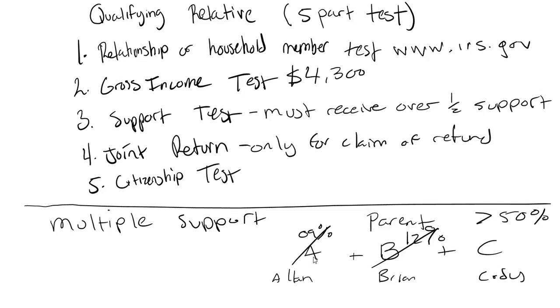And if Cody provides the remainder, I don't feel like doing the math, it's late, he's good to go as well. So the key is over 50% combined, and each member to be eligible must provide over 10%. If so, then they are entitled to claim that dependent. Now, the people will have to agree which of the three will get it. Not all three will get it. So in this case, let's just say Cody gets it, and that's how we're going to run that.